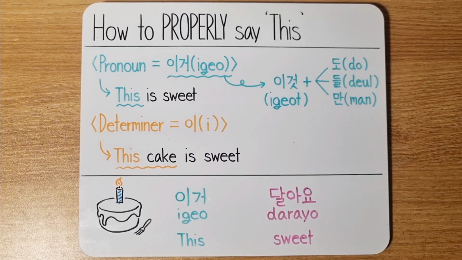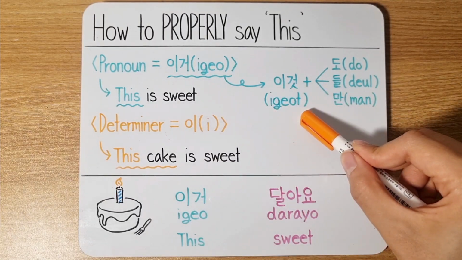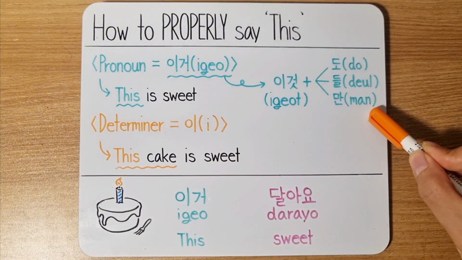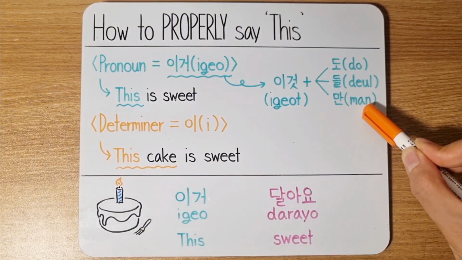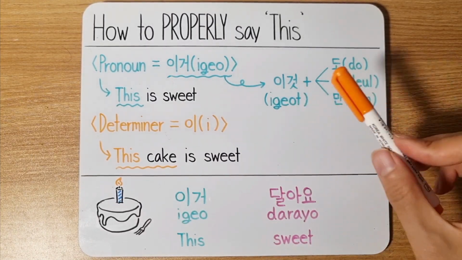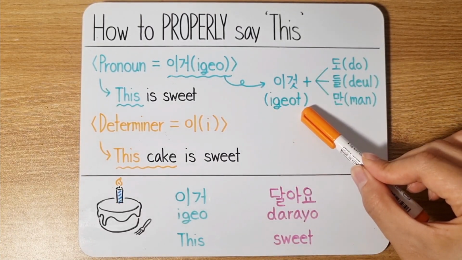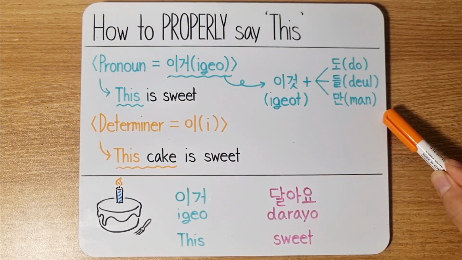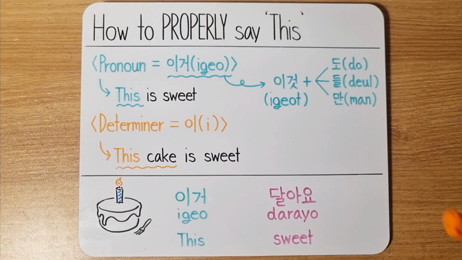And then also, you can use 이것 when you want to attach 만, which means only. So if you want to say, not that, not those, only this, in that case, you can use 이것만.